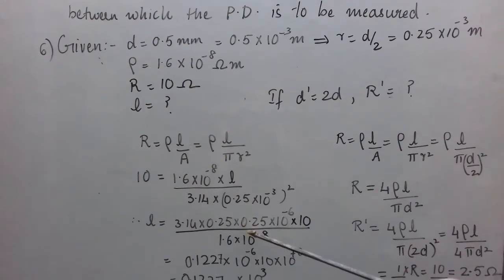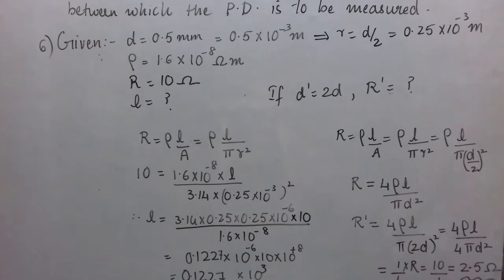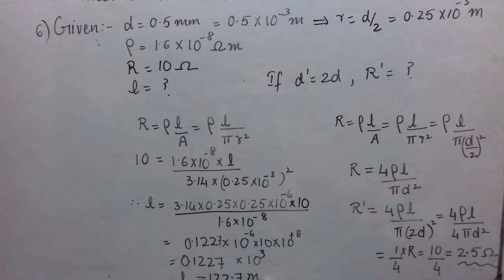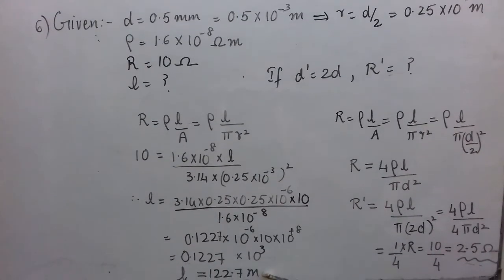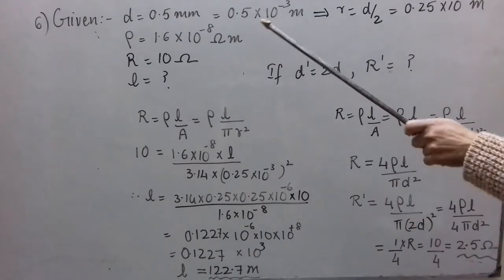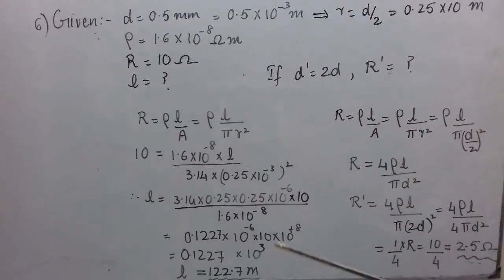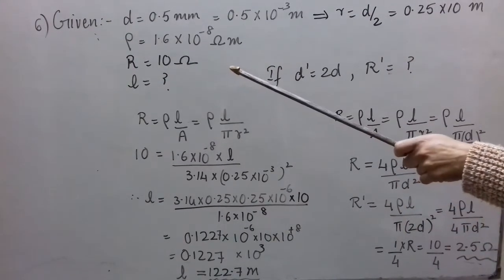You can do the simplification and get the answer as 122.7 meters. So this is the length of the copper wire required with these dimensions and this material so as to make resistance of 10 ohms.